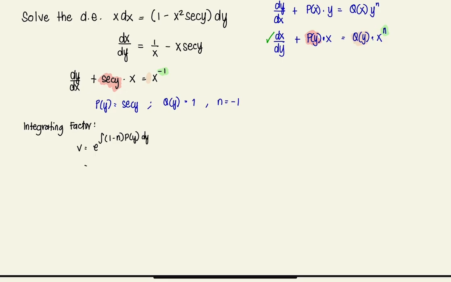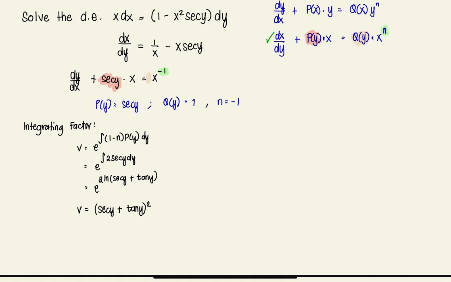Substituting, that's e to the power of the integral of 1 minus negative 1, which is 2, times p of y, secant y, dy. So that's e to the power of 2 times the integral of secant y, which is ln of secant y plus tangent y. And so v therefore is equal to secant y plus tangent y quantity squared.